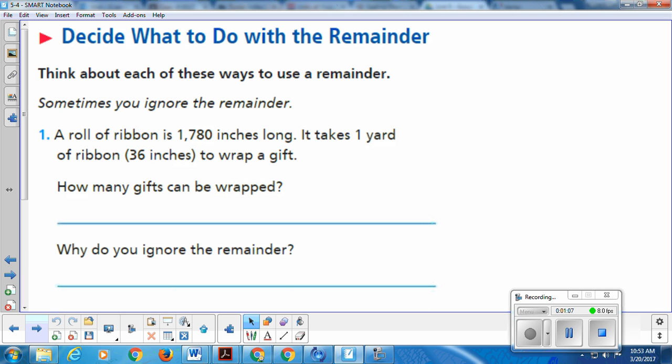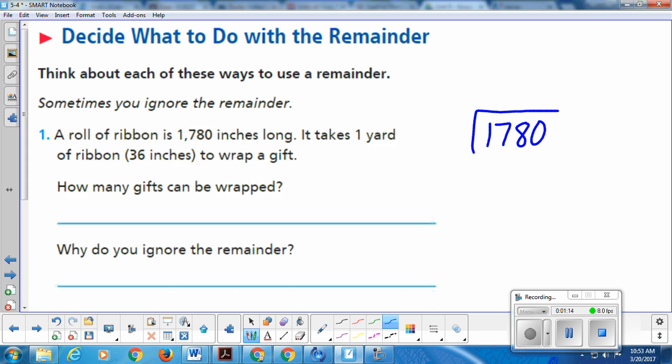So if we're doing the division on this, 1,780, what am I dividing that by? 36, not the yard, because 1780 is in inches. And we were told it takes 36 inches to wrap a present.